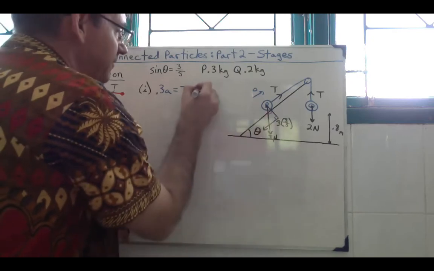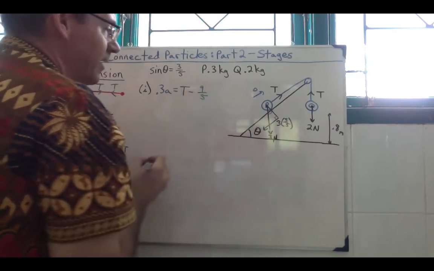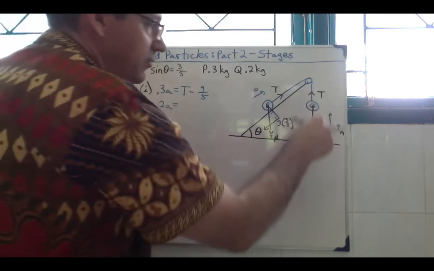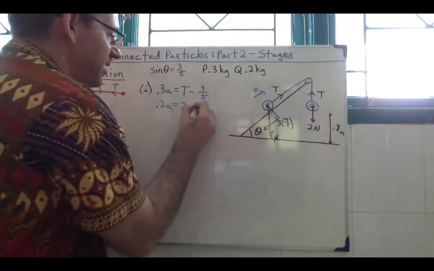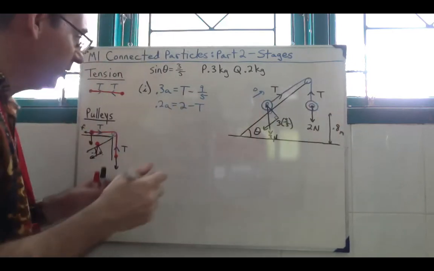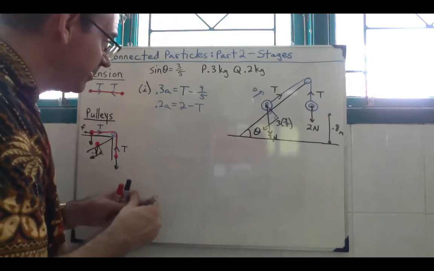And so that's 9/5. And we also have 0.2 A equals 2 minus the T, because this one is going to go down when it's released. And we have simultaneous equations here.